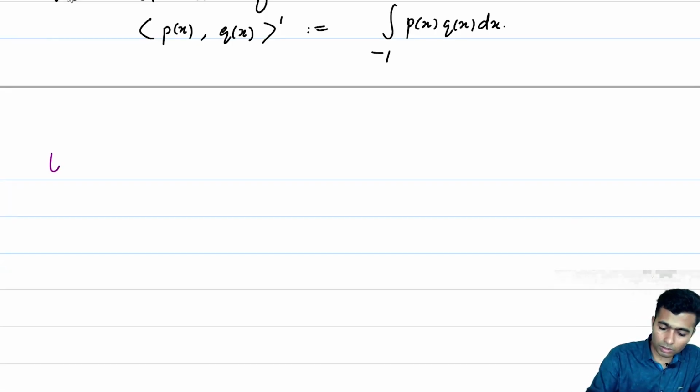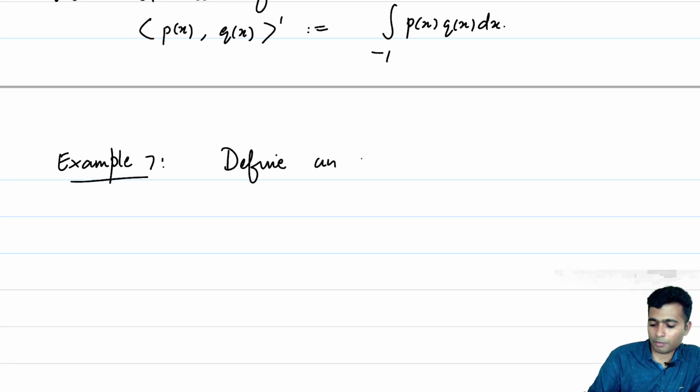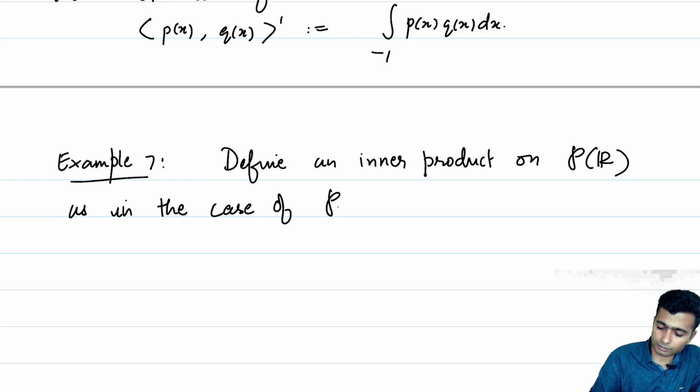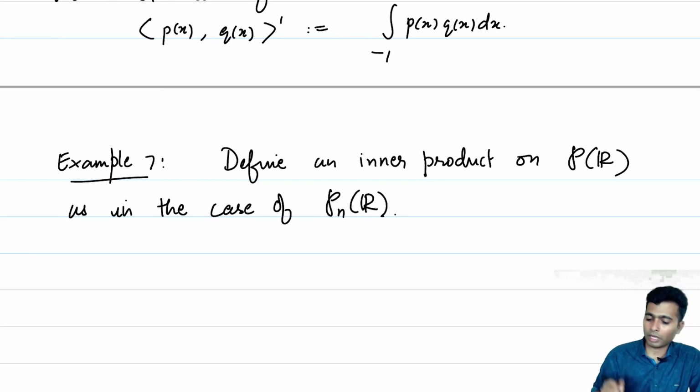P of R also. So example 7, P of R can be given a very similar inner product. Define an inner product on P of R as in the case of Pn of R and make it into an inner product space.